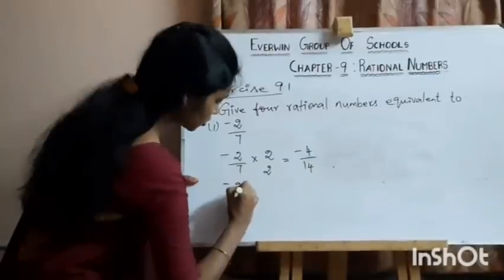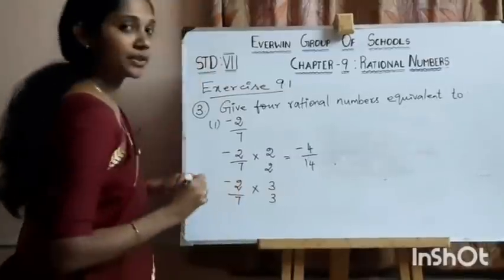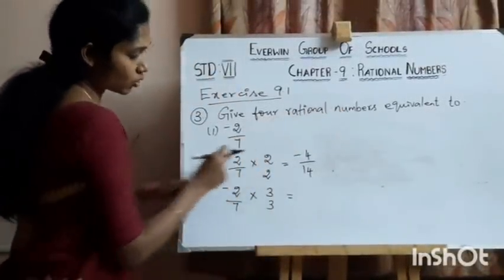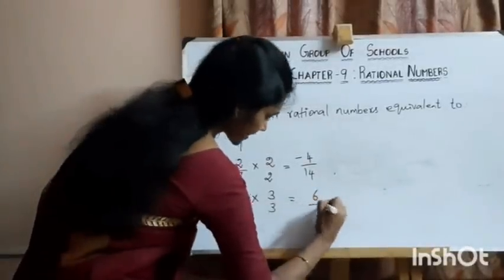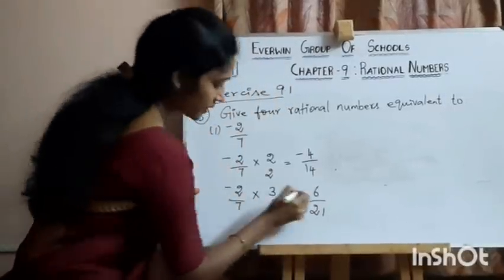Now minus 2 by 7 into, I am multiplying it with 3. Okay, they have asked 4 rational numbers. So this is first one, this is second one. 2 3s are 6, 7 3s are 21 and minus sign will be there.